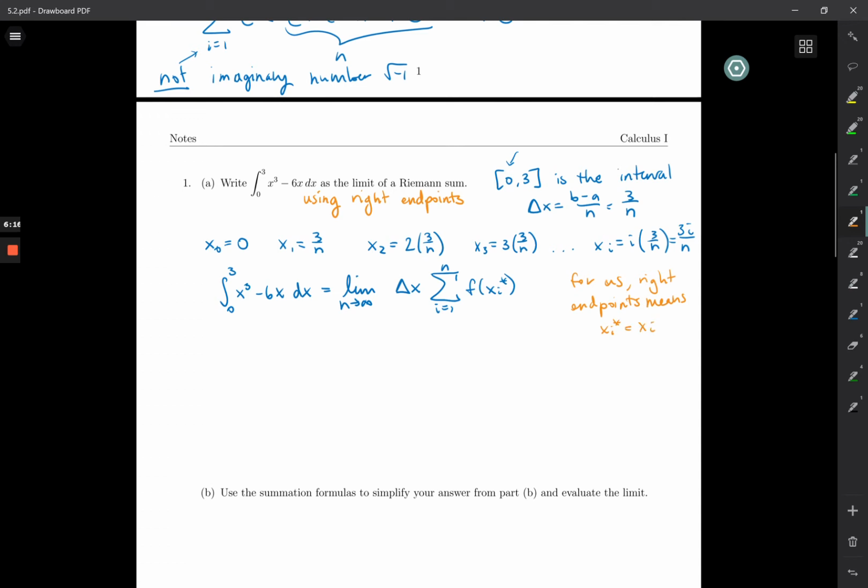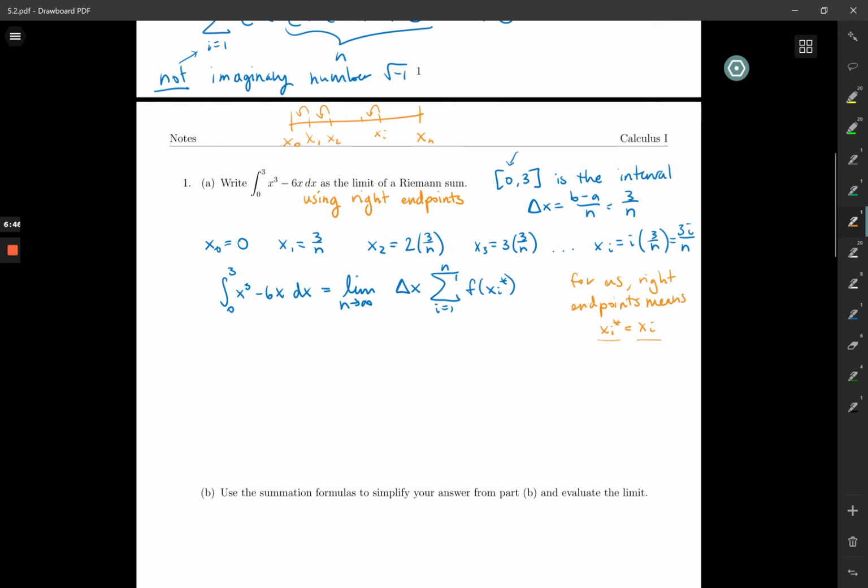Okay, and so that's why it is kind of convenient to use right endpoints, because this is how it works out. If you were to look at your interval, knowing that you start at x0, end at xn, and when you jump by 1, you see that x1 corresponds to the first interval, x2 corresponds to the second interval, and so on. xi will correspond to the ith interval.